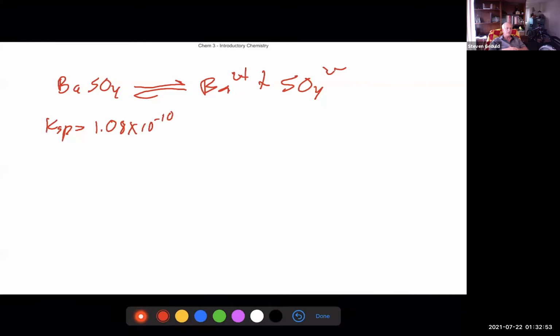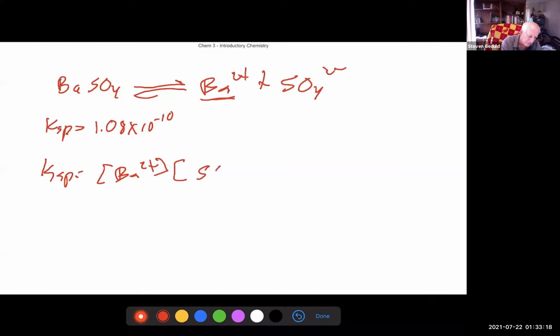He wants to know the concentration of barium ions. So you have to realize the concentration of barium ions is going to be the same as the concentration of SO4. It's breaking down 1 to 1. So we got our KSP is equal to the concentration of Ba2+ times the concentration of SO4 2-.